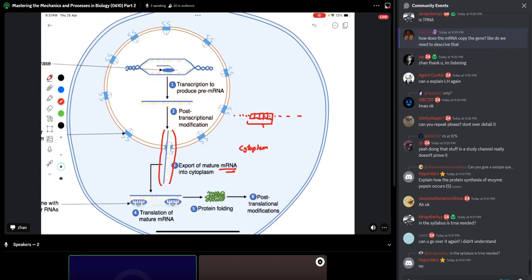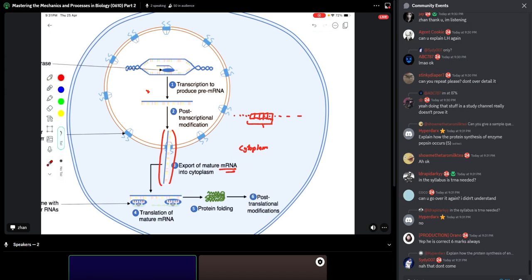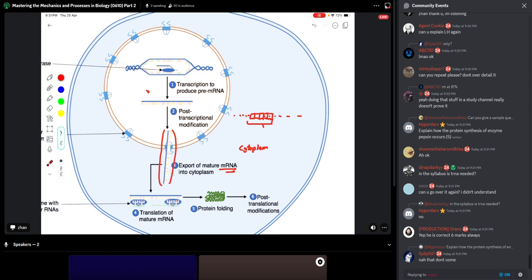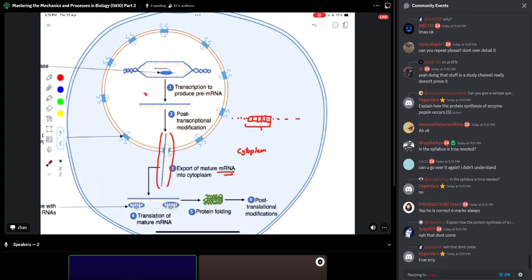Inside the DNA, all of the gene coding for the production of the protein is inside the nucleus. All of the bases of the DNA are inside here. The mRNA will undergo what we call transcription.